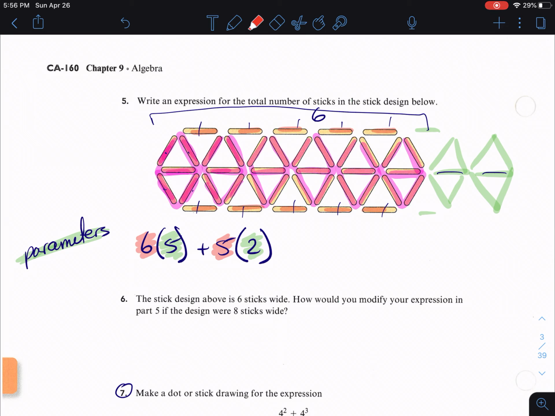So when we had 6 sticks, this was 6, and this was 5. But now when we have 8 sticks, do you think that we will have 8 times 5? Right? 1, 2, 3, 4, 5, 6, 7, 8. Plus 1, 2, 3, 4, 5, 6, 7. 7 twos.